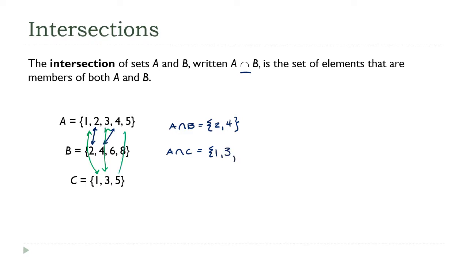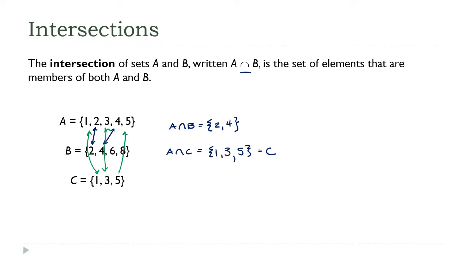And finally, 5 is in both sets, so that goes in my intersection. Look at what happened. That is equal to C. And again, this is that subset business, right? Because C is contained in A, and C is the smaller of the two. Those are all the elements that they share.